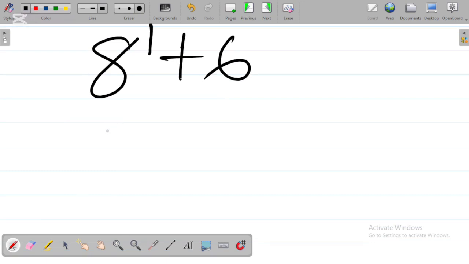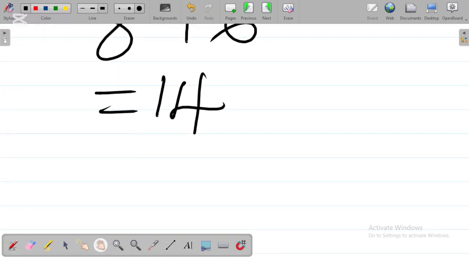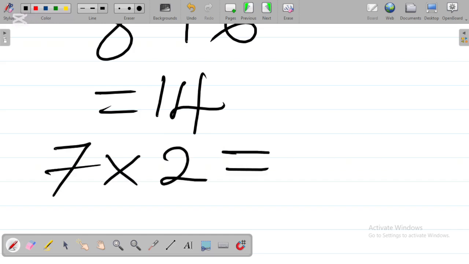So 8 plus 6 is what? It is 14. Is 14 a multiple of 7? Yes, because 7 multiplied by 2 would give you 14. Therefore, 14 is a multiple of 7.